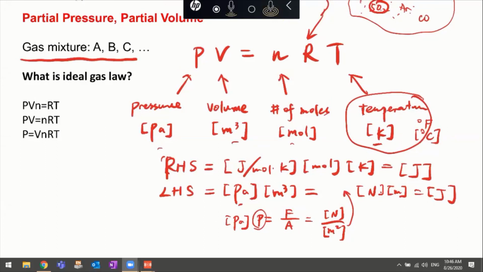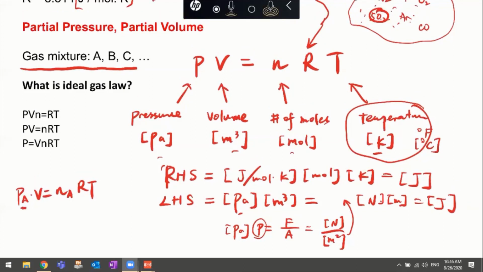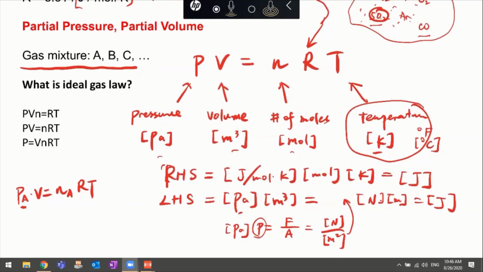So for a gas mixture, the way it works is we can write out P_A V equal to n_A RT. This is talking about the species A. For example, it can be sulfur dioxide, carbon monoxide, or oxygen. The P_A here is called the partial pressure.